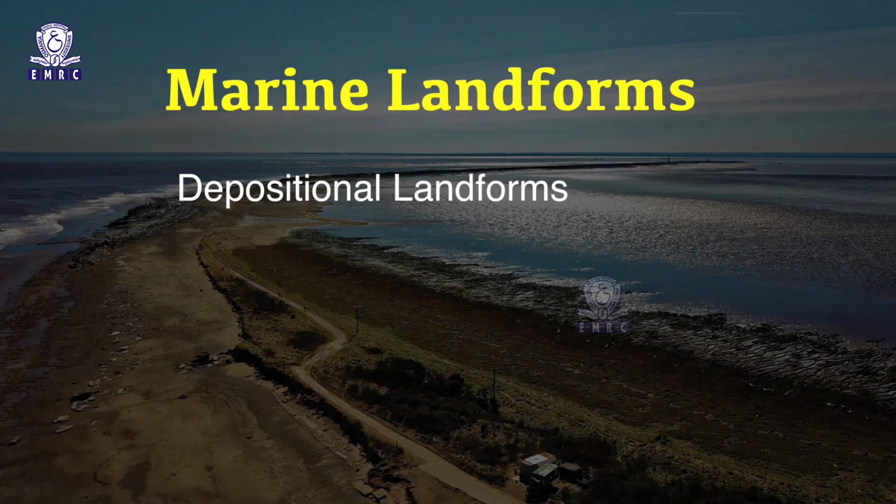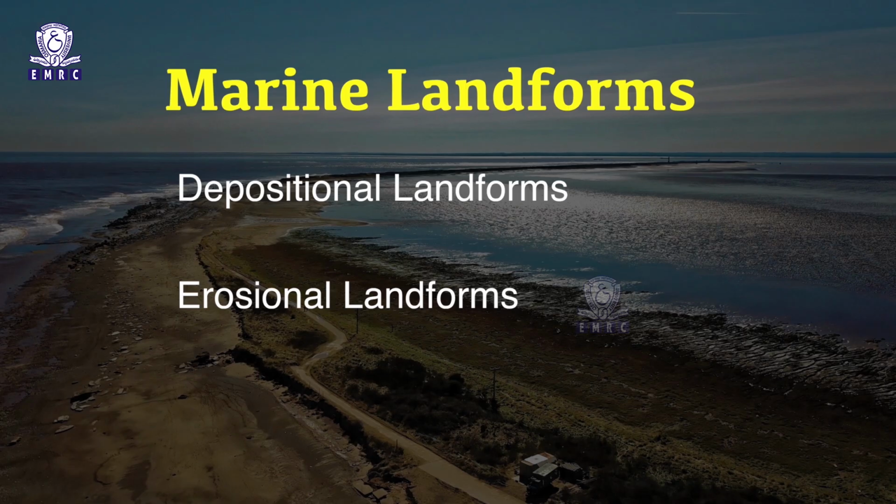The other factor is related to the characteristics of the coast, like structure of the rock, configuration of the coastline, etc. It is the erosional and the depositional work of the sea waves that leads to the formation of marine landforms. The marine landforms are classified into two types: one, depositional landforms, and two, erosional landforms.